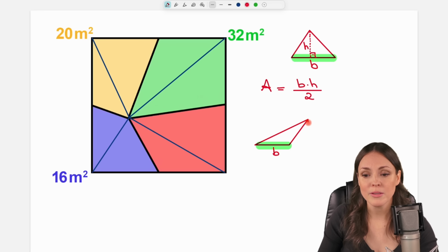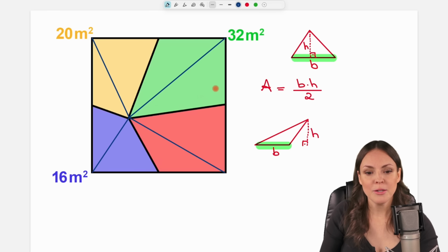So from the opposite point, perpendicular down to my base here, this would be my height, and it would be outside of my triangle. It's nothing bad, but just keep in mind that both versions are possible. Either your height is inside or outside.